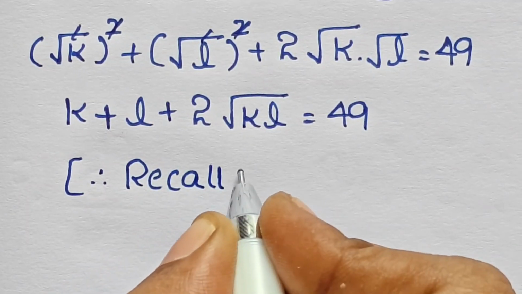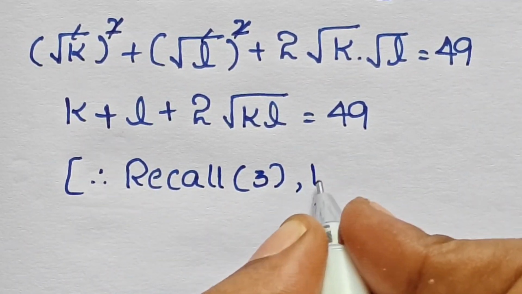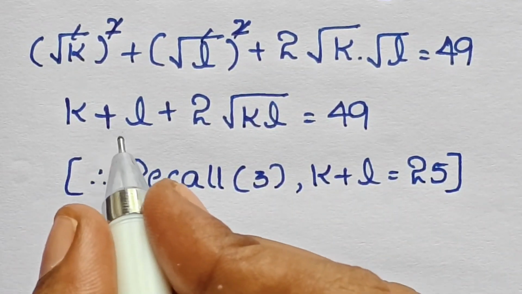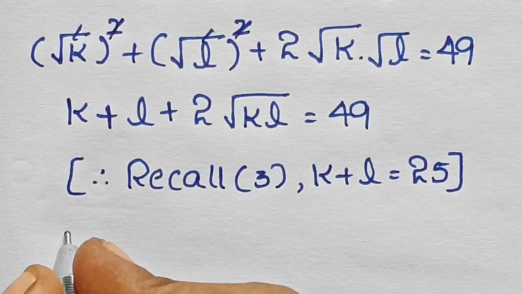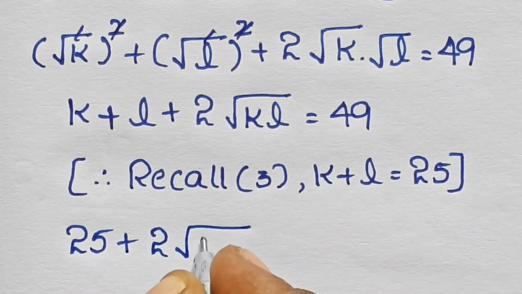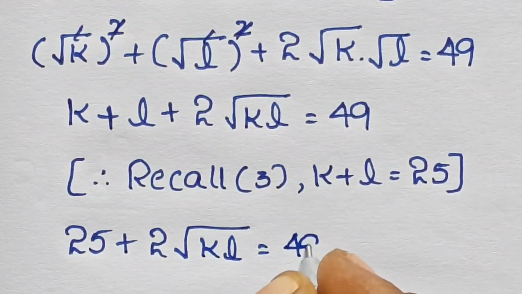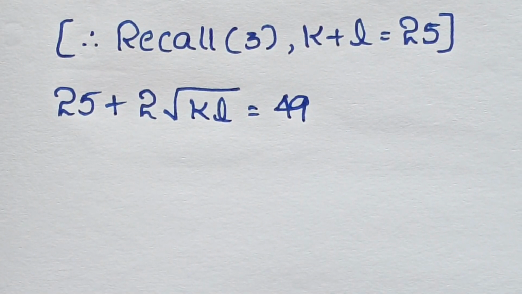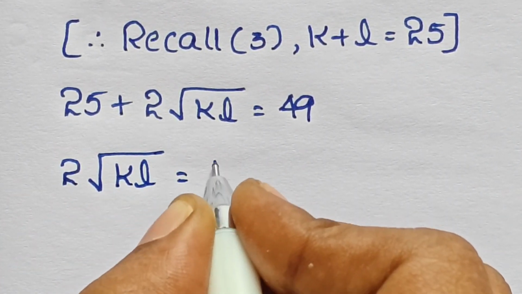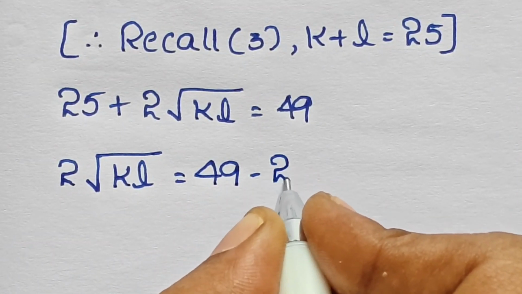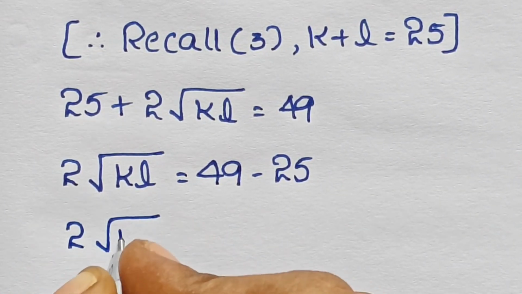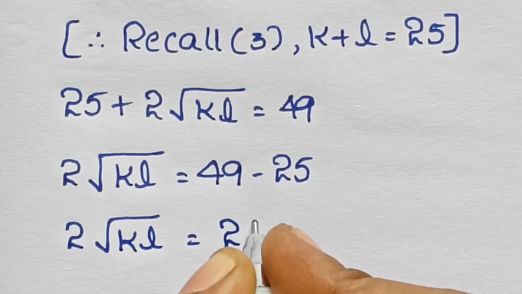Therefore, recall equation 3: k plus L is equal to 25. 25 plus 2 root kl is equal to 49. 2 root kl is equal to 49 minus 25. 2 root kl is equal to 24.